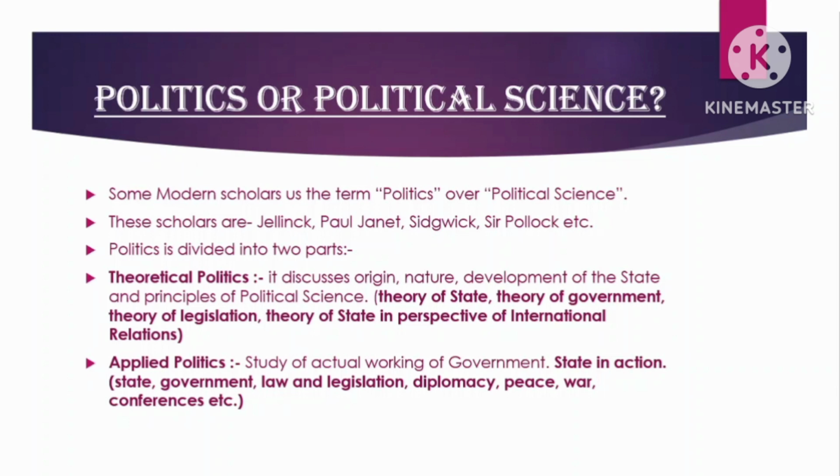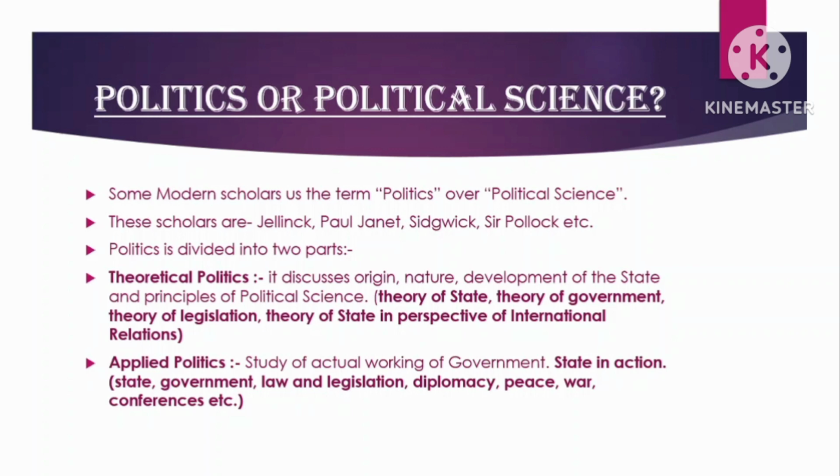So there are some scholars who use politics over political science. That means they use the term politics in place of political science. These scholars are basically Paul Janet, Sidgwick, and Sir Pollock, who say that politics covers political science in itself. So they divide politics into two parts.